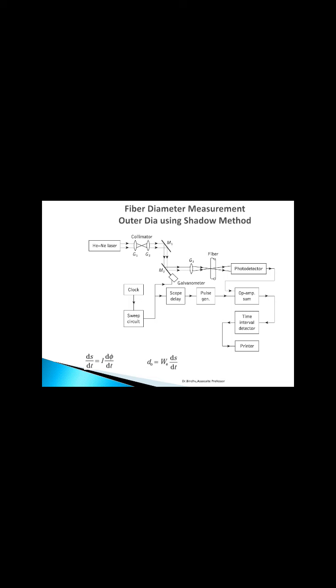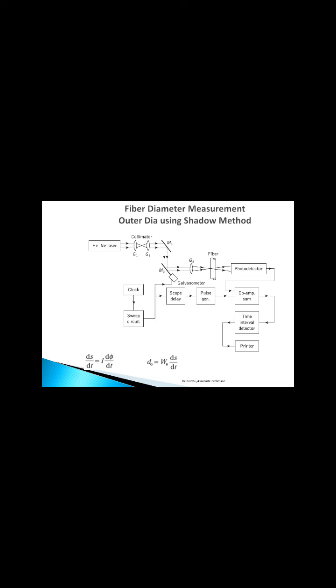So two lenses back to back perform the collimating function, and two mirrors are attached in such a way that one mirror is attached to a galvanometer, which helps in rotation. M1 is the fixed mirror, whereas M2 is attached to a galvanometer, so you can rotate that mirror. Once you rotate the mirror, your light gets varied in different angles, and that is allowed to pass into the fiber.